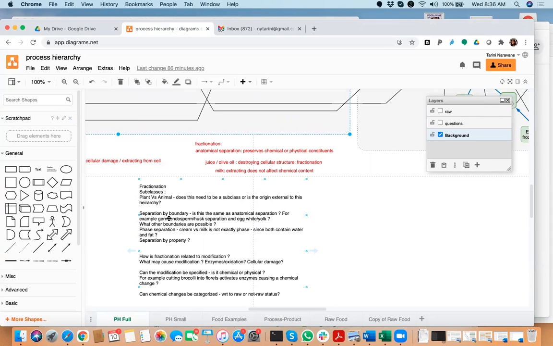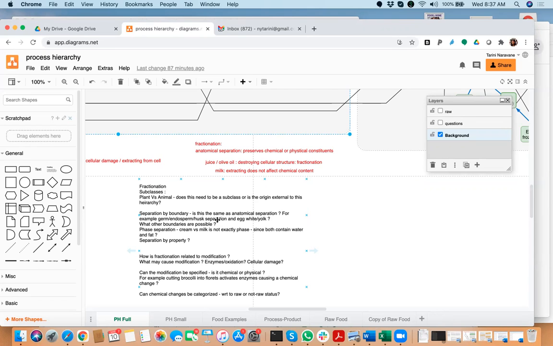Some examples for you to think about: germ, endosperm or husk separation, which is a plant, or egg white and egg yolk separation, which is in an animal. And of course, the various animal butchery, chicken breast, chicken wing, and so on. So is this anatomical? Is this boundary? And while you're thinking about this, what are the other boundaries?